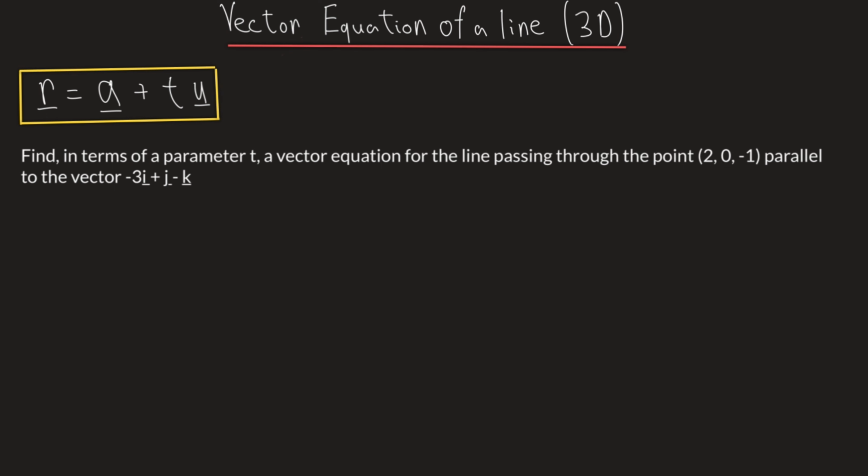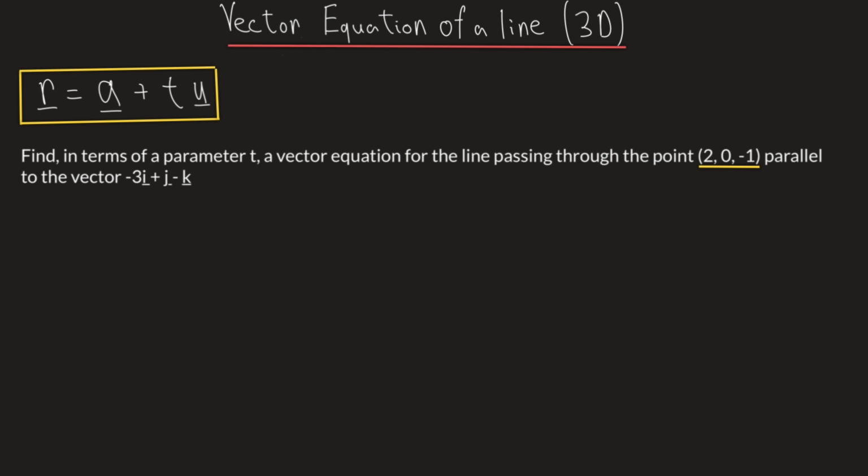In this question, we want to find the vector equation of a line in terms of the parameter t. And what we are given is a point which lies on our line. In this case, it's the point 2, 0, negative 1. And what does this mean? This means that we have a specific point which lies on our line, and we know its coordinates. And therefore, it corresponds to the position vector a written out here.